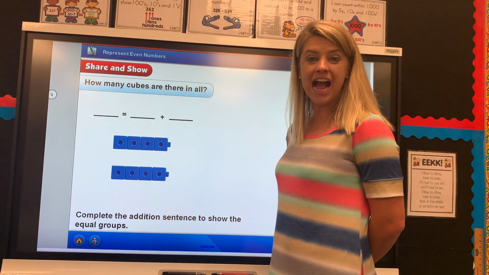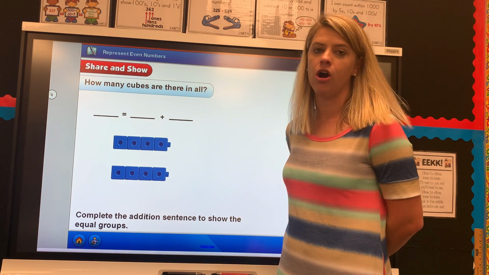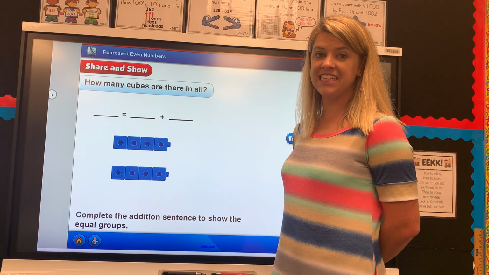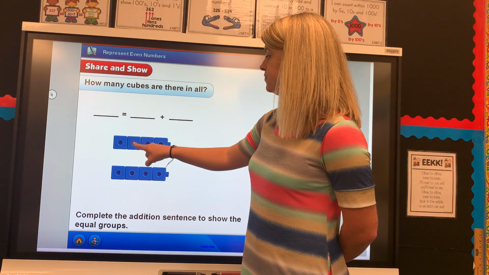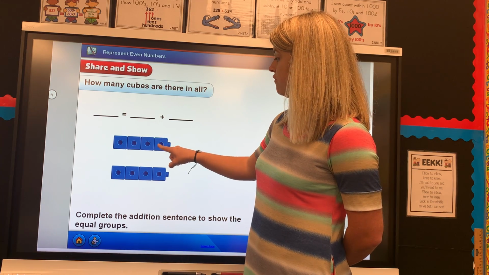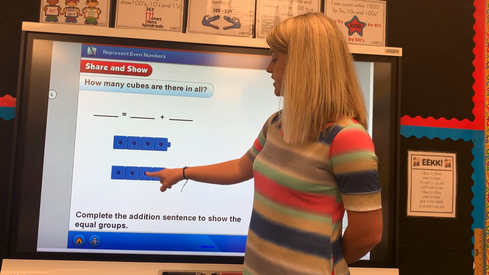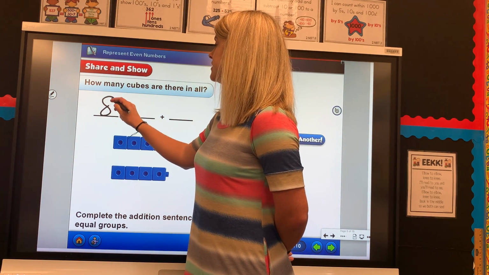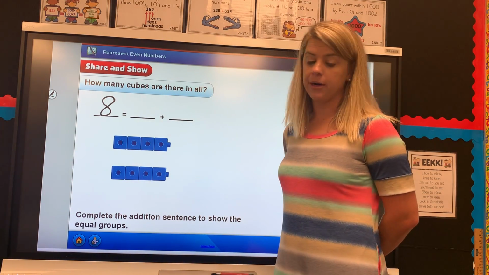I want you to count how many total cubes there are. All right, let's see if you were right. 1, 2, 3, 4, 5, 6, 7, 8. So we know that 8 cubes is our total number.